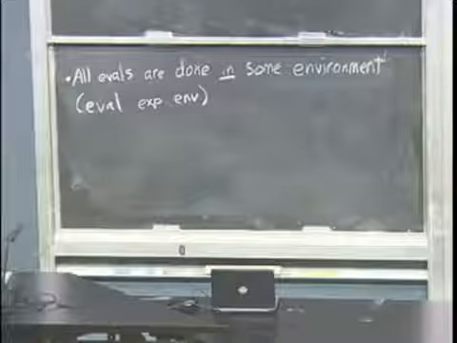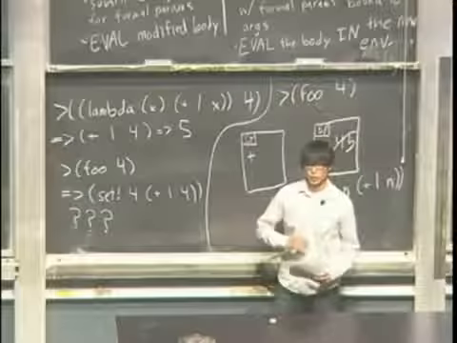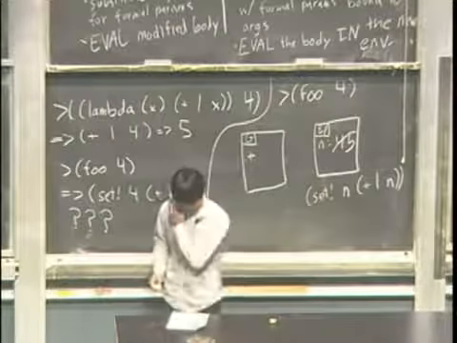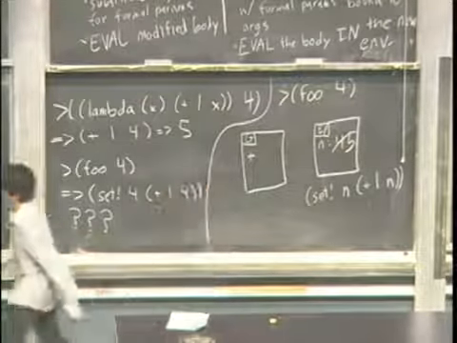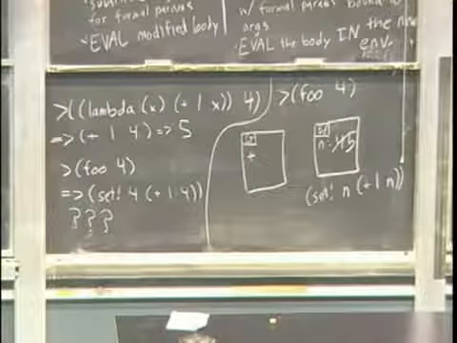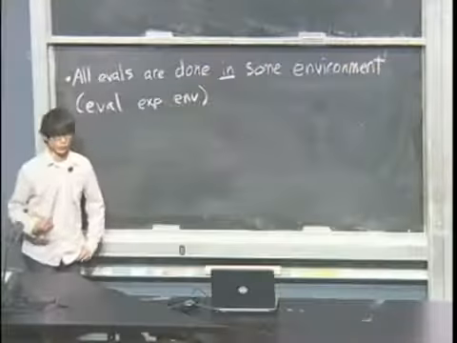So we've just defined what environments are so far. Now we have to ask when environments are actually created. And it turns out we only create a new environment whenever we invoke a new function.